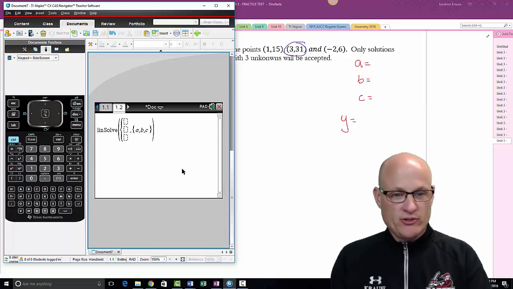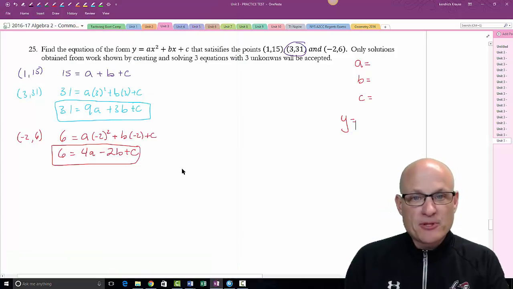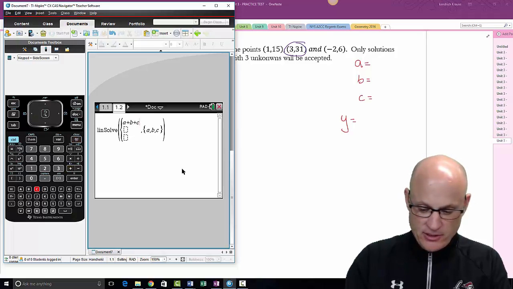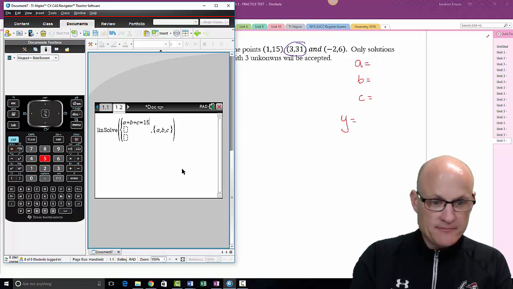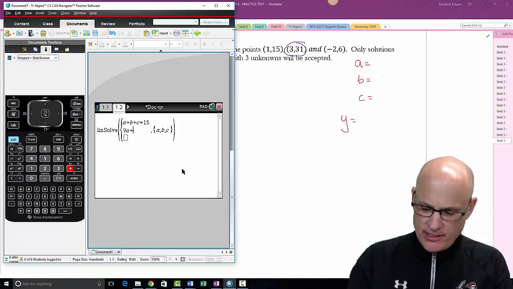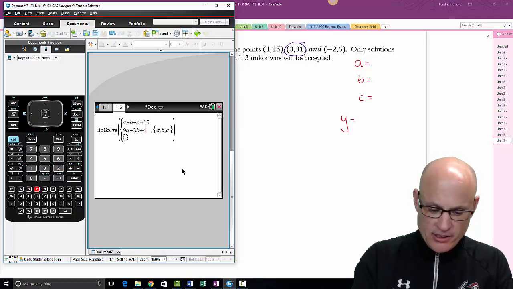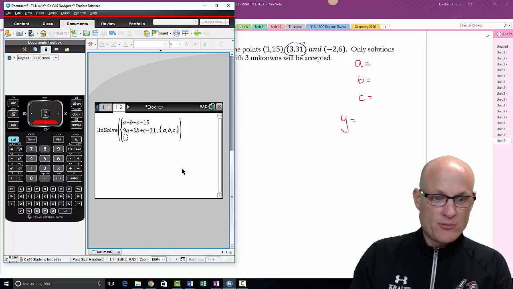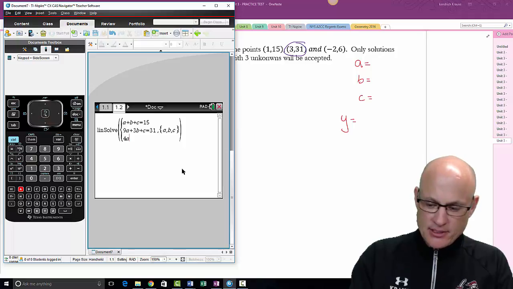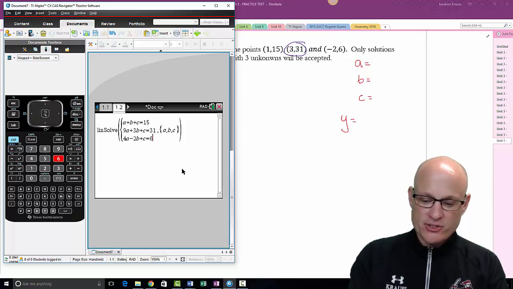Now, my 3 equations were a plus b plus c equals 15, 9a plus 3b plus c equals 31, and the next one is 4a minus 2b plus c equals 6.